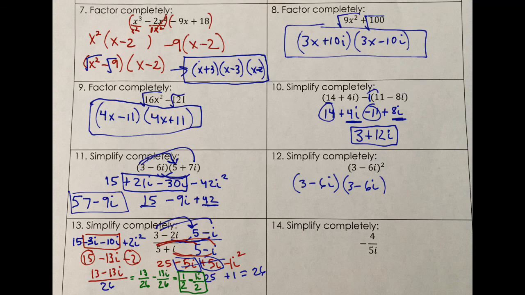When there is not a real term with it, you can't find the conjugate, and so you'll just simply multiply by i. So 4 times i is 4i. Notice I did not take into account this negative sign. We'll do that at the very end. So I'll put this in parentheses, and then we know we have a negative sign out here. You have a 5i times an i.